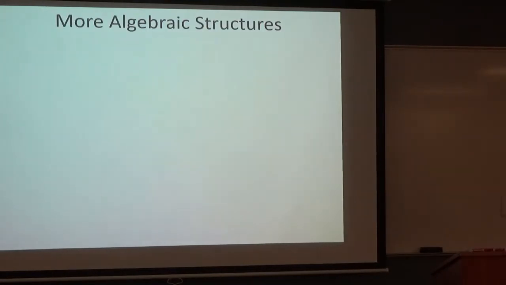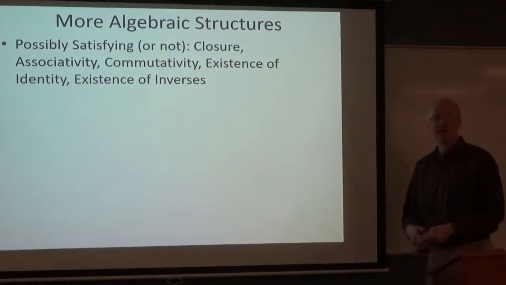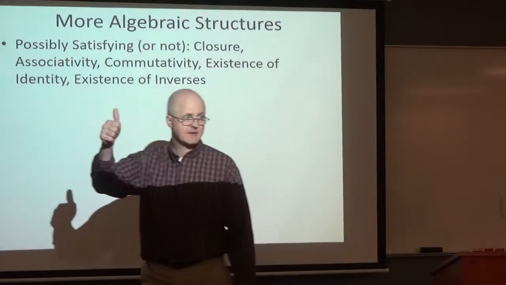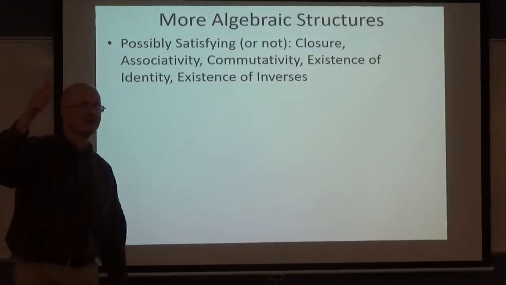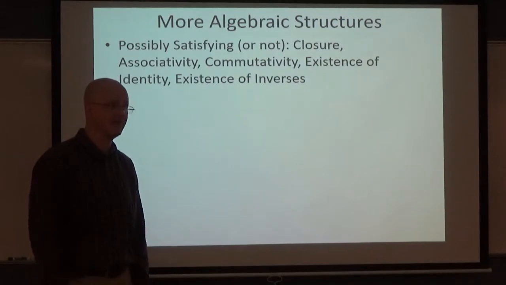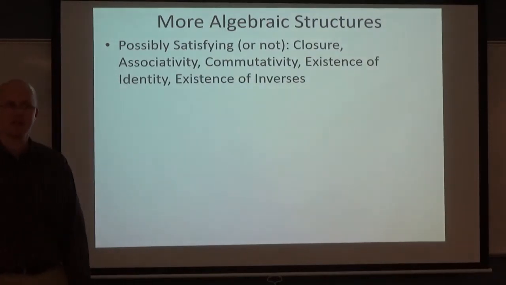So here are a couple more algebraic structures that we could think about. We looked at last time examples involving sets of numbers. What did we see? We saw the natural numbers. Did the natural numbers form a group? No, they did not. They did have a binary operation of addition. I should have said the natural numbers with the binary operation of addition.